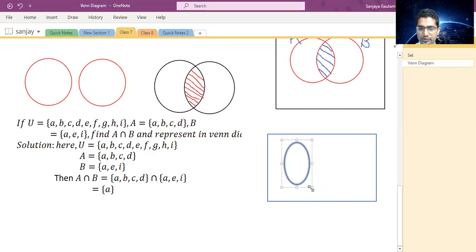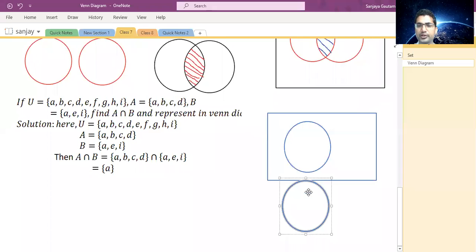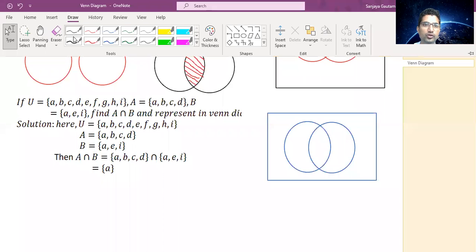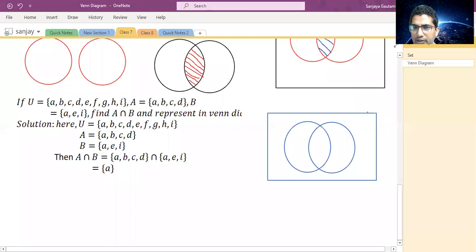This much is fine. Okay, and I'm copying this, pasting this. Okay, so the common member is placed like that. Now what we have to do is write here U, because the universal set is there.